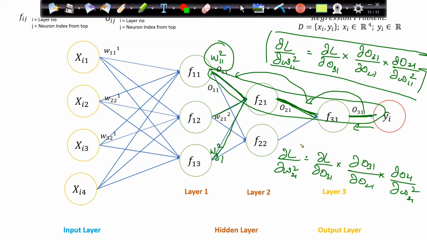That is the simple chain rule again. And same way for the third one: dou L by dou W312 is equal to dou L by dou O31 multiplied by dou O31 by dou O21 multiplied by dou O21 by dou W312.